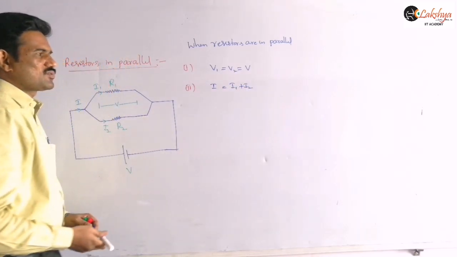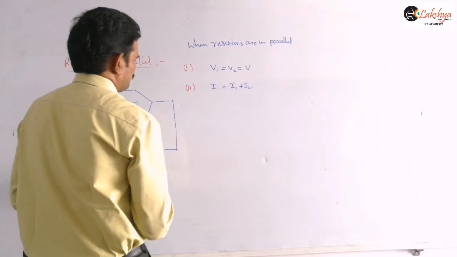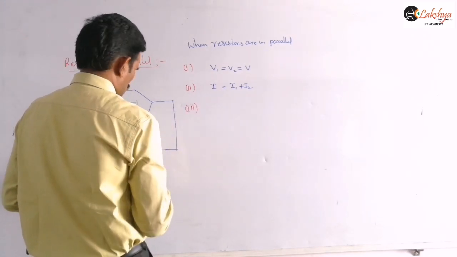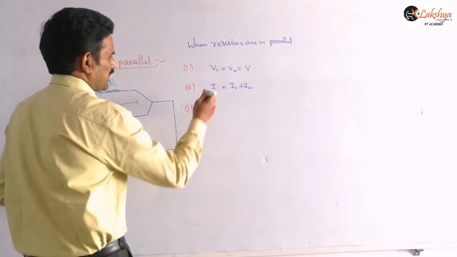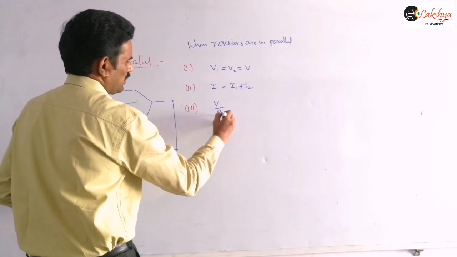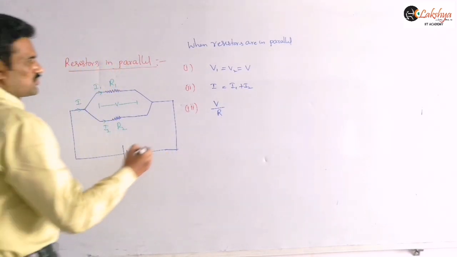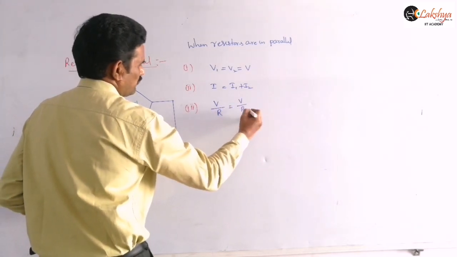And simply from this we can find the effective resistance here. So from this simply we can apply Ohm's law. If you apply Ohm's law, then I we can write as V by R. This R is nothing but our effective resistance here. So this is equal to V by R1.